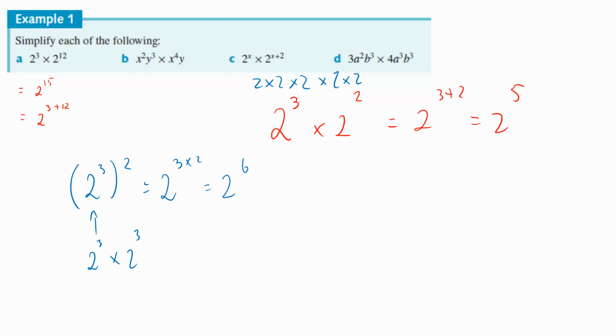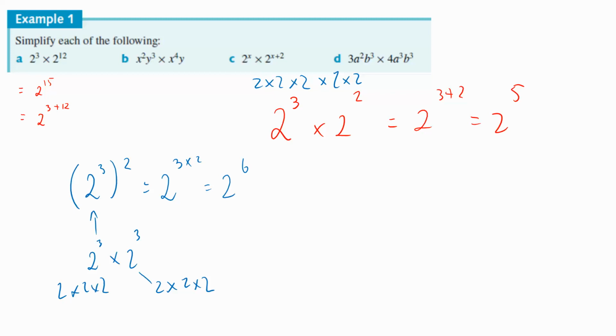But funny enough, 2 cubed is actually 2 times 2 times 2, and this is also 2 times 2 times 2. And what you end up with is, if you've got 3 lots of 2's here already, and you times it with another 3 lots of 2, then I've got 2 lots of these 3's.